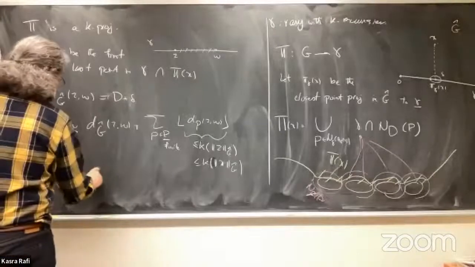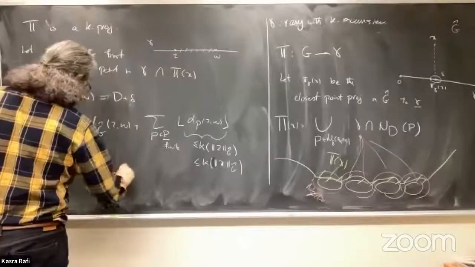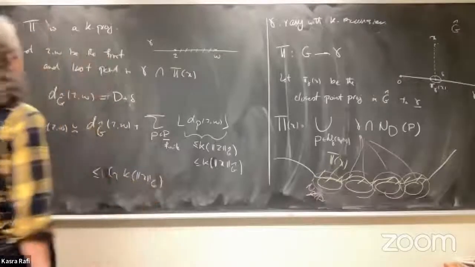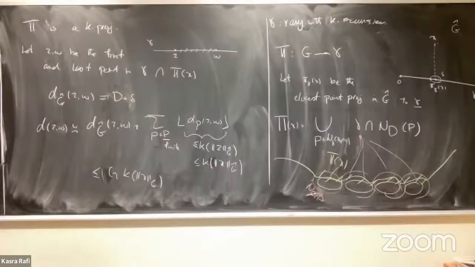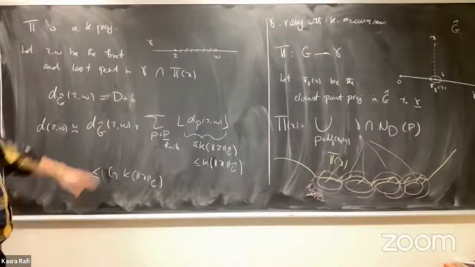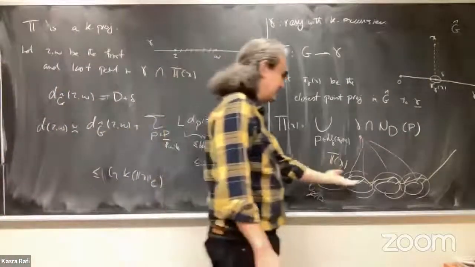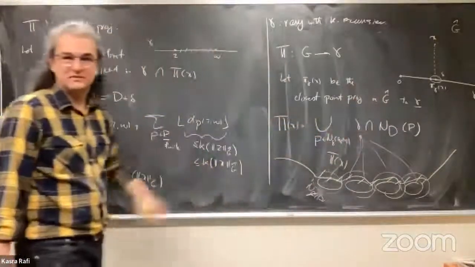The whole thing is bounded by some number C2 times kappa of the norm of X. So it is a kappa projection. I don't know, this is too slow or too fast. I hope it's okay. But you see the basic thing, right? You have a distance formula, you have kappa excursion, which means the projection is done.